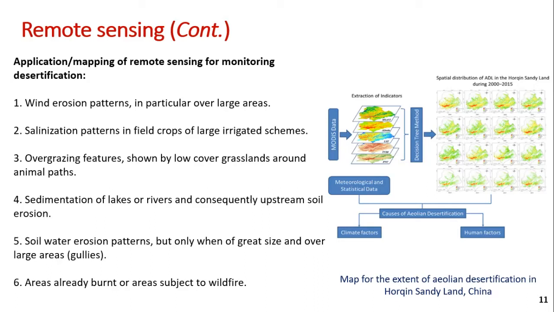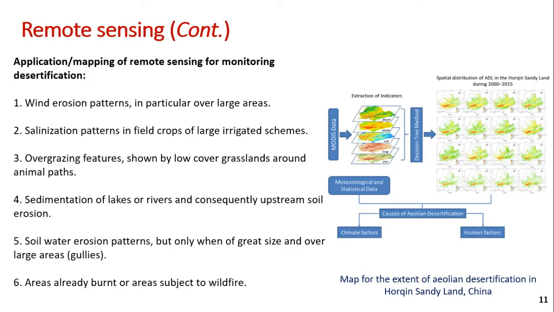You can, for example, link it to the situation that happens in the dams. When the soil is eroded from the upstream, it will settle in the downstream, for example, in the dams. And you know these sediments would affect the infiltration and many other things in that particular place. So you can monitor the amount of sediments and the extent of sedimentation using remote sensing.